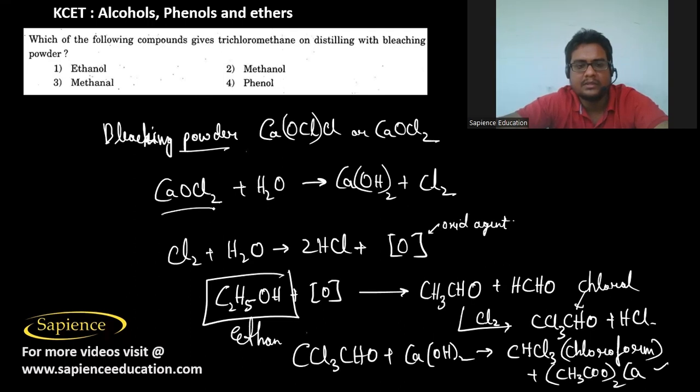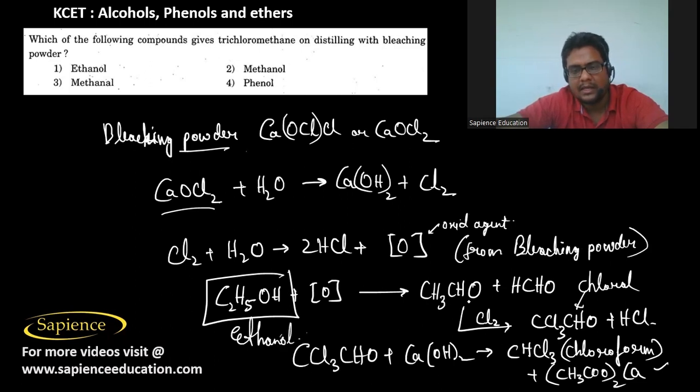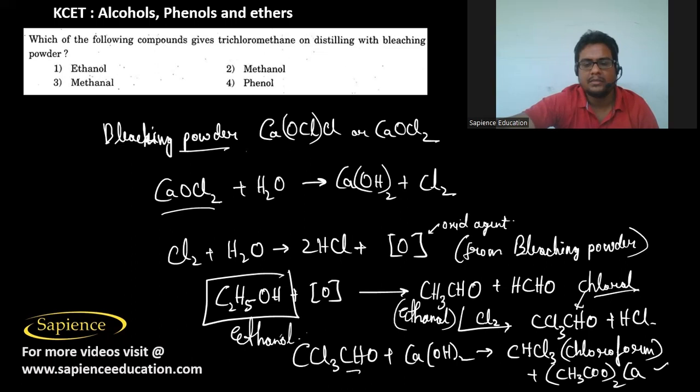From bleaching powder we obtain this nascent oxygen, which will oxidize the ethanol into ethanal, which will again react with Cl2 to form chloral, and this chloral will react with calcium hydroxide to form chloroform or trichloromethane. Trichloromethane will be formed. So option 1 is the correct answer.